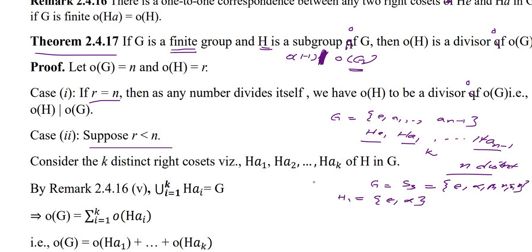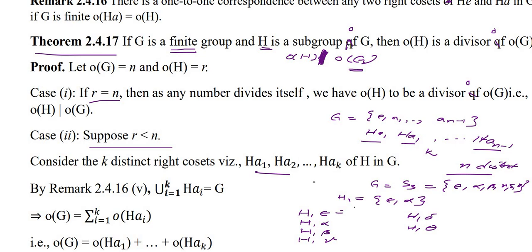So we need to compute the right cosets: H1 epsilon, H1 alpha, H1 beta, H1 gamma, H1 delta, H1 theta. But this does not mean that there will be 6 distinct right cosets.